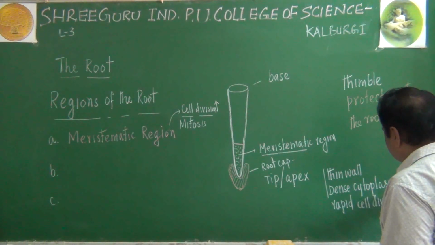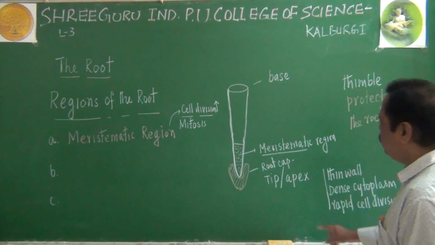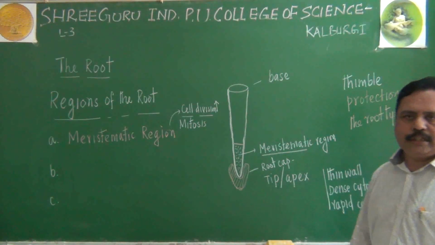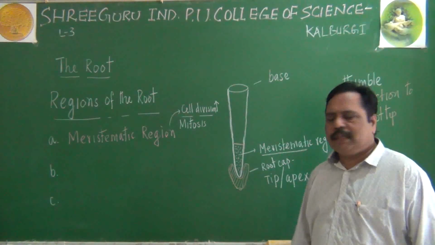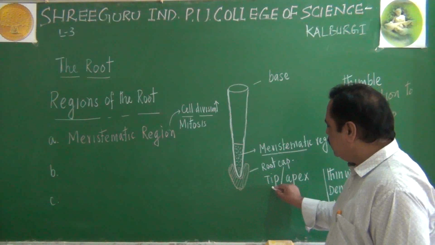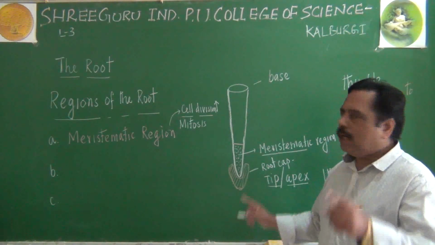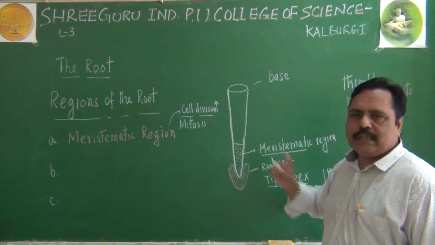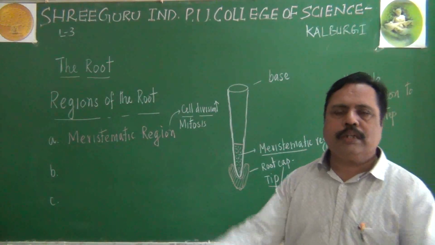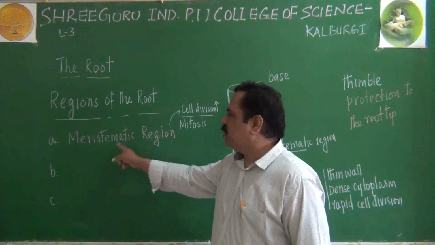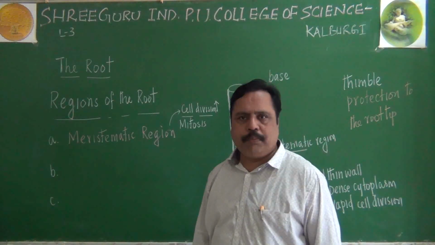These three characters form which region? The meristematic region. Where do you find the meristematic region? It is present near the tip of the root, at the apex of the root. Not at the base. So what is the first region? It is the meristematic region. Do you get my point?